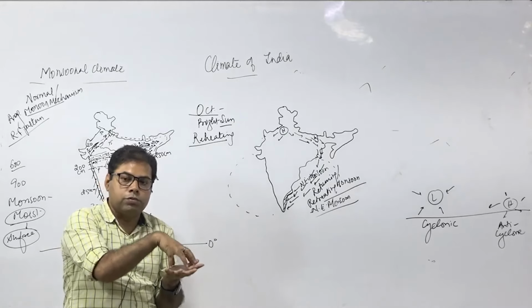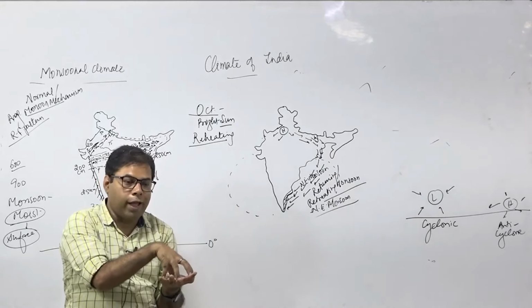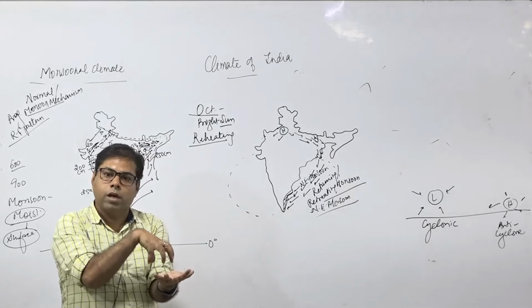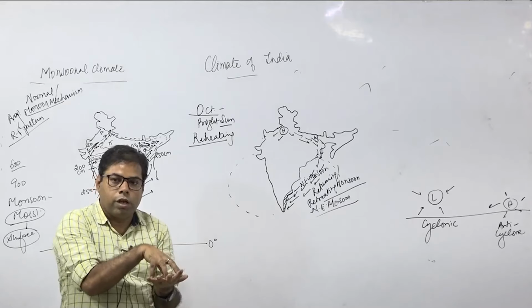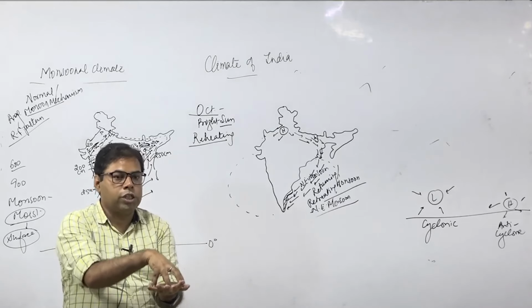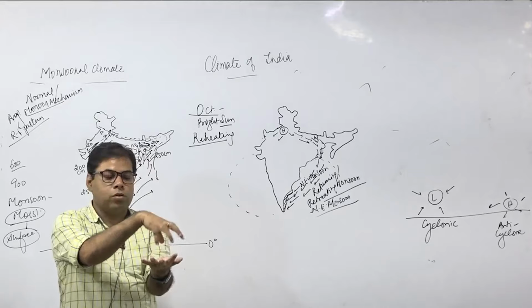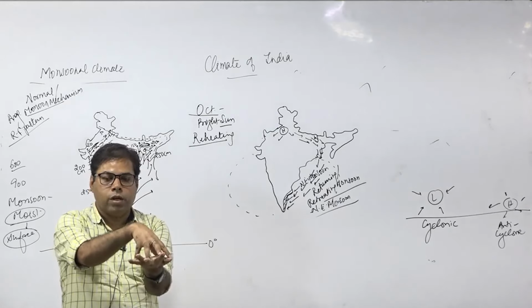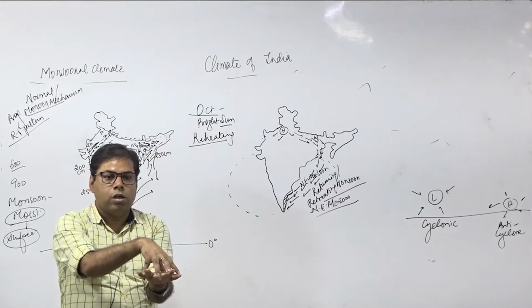So these winds over the northwest part of India are pushed away. Why? Cooling effect, anticyclone. These warm winds are pushed away from the northwest part of India because this area has been cooled, and they reach the Bay of Bengal.